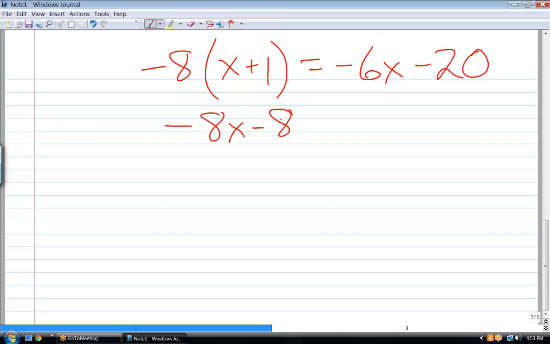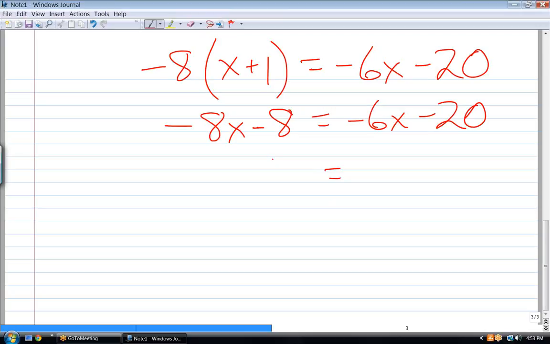Let's just do that. In other words, we don't need to write both the plus and the minus there. Okay. And so equals negative 6x minus 20. Then you would add 8x to both sides. Good. And add 20 to both sides. Okay. So what's that?